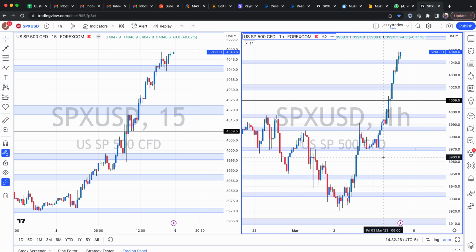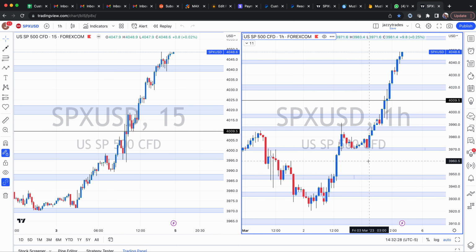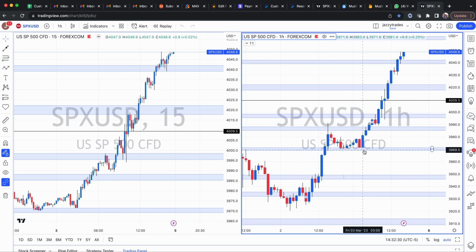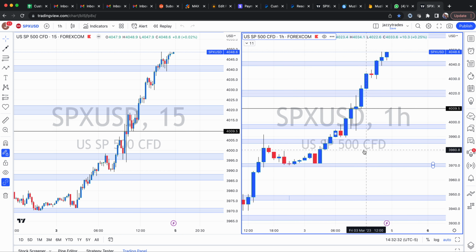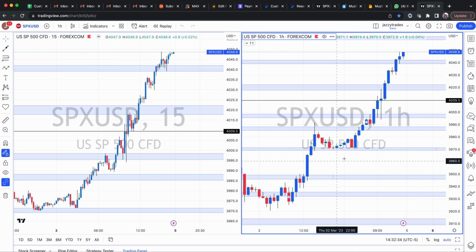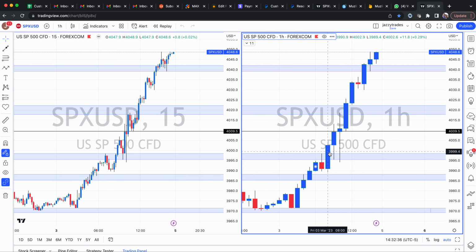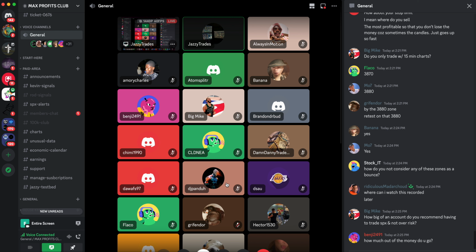I think I missed the morning entry because I wasn't here, the 9:31. So this is the previous day. We caught this, and then the next day we caught this as well. I missed this move because I wasn't here, but we caught the next wave here. Examples are in the how to draw structures channel and members chat.